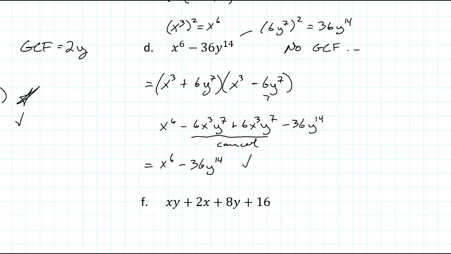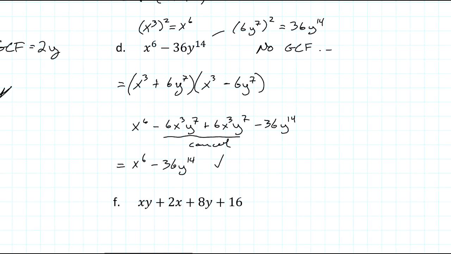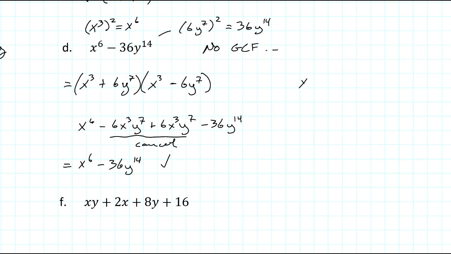If we wanted to check and say, does that go any further? Well, the odd numbers in the exponents mean that these are not perfect squares anymore. The 6 is definitely not a perfect square, so we're going to be stuck at that point. If I tried, just for funsies, to say x cubed minus 6y to the 7th, does that factor at all? If we tried any sort of mixing up, like an x and an x squared here, and then try and do something with the y's, the middle terms would not cancel no matter what we tried.